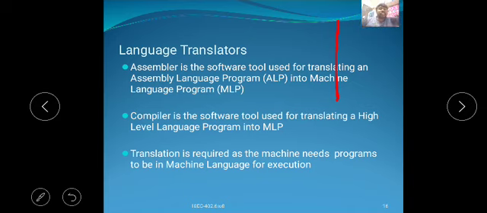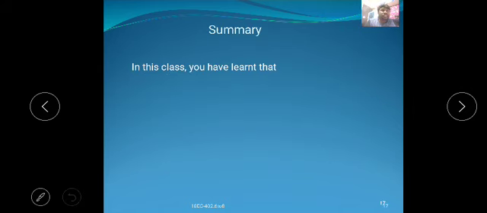The translation is required as the machine needs the programs to be in machine language for execution.